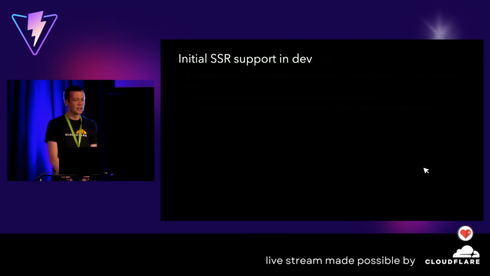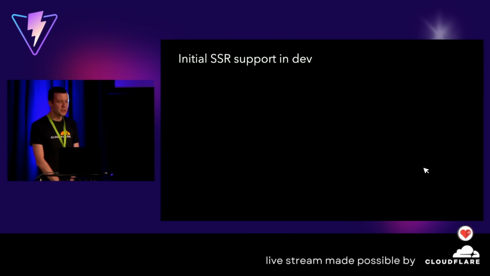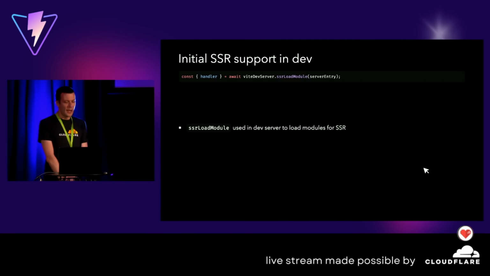So what did this look like initially? Initial SSR support in dev was primarily ssrLoadModule, which was an API for the dev server to load modules for SSR. And it had built-in caching. It worked very nicely.